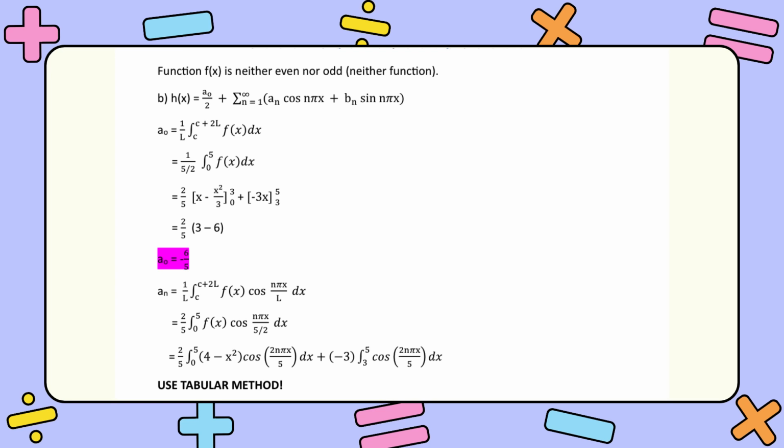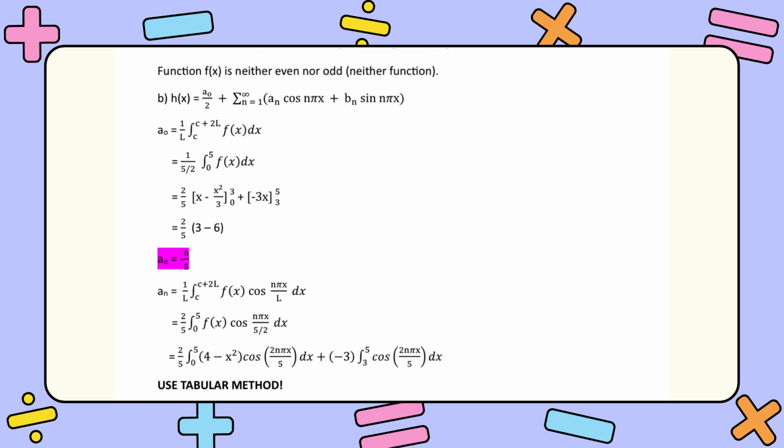The next formula is for an, which is 1/L in the interval of c to c plus 2L of f(x) cos(n pi x/L) dx. When we substituted the values, the third equation is 2/5 in the interval of 0 to 5, (4 minus x squared) cos(2n pi x/5) dx plus -3 in the interval of 3 to 5, cos(2n pi x/5) dx.